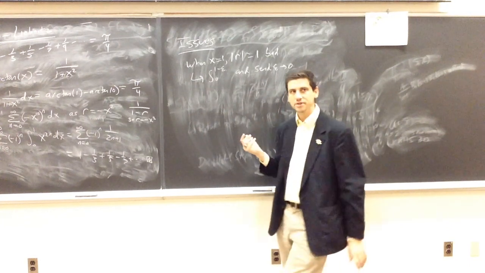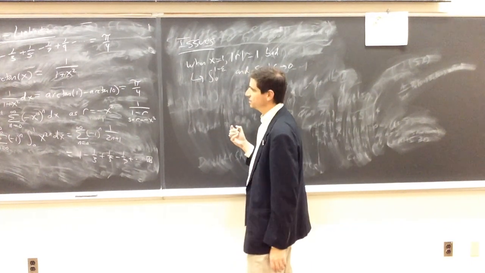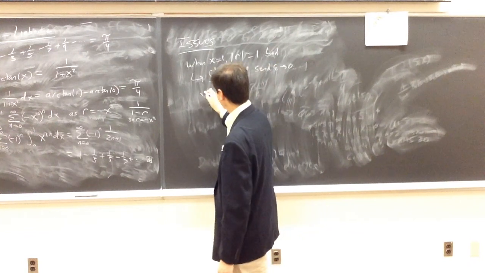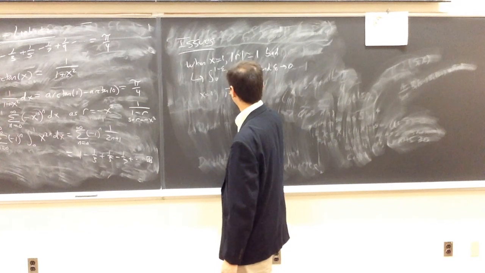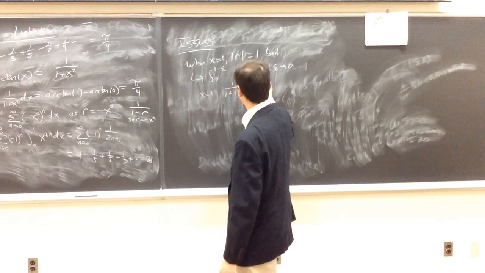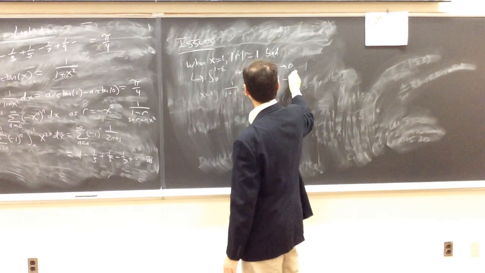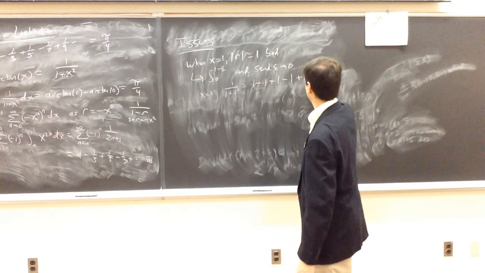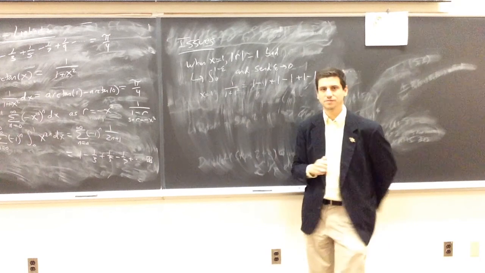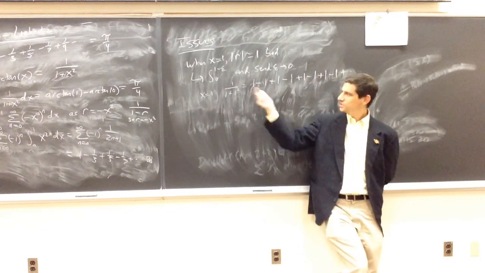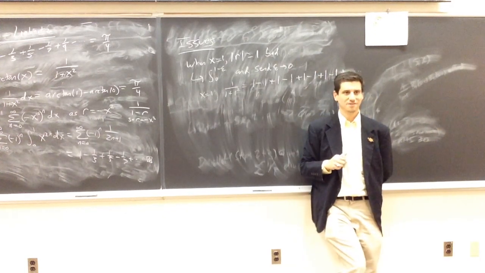Now, if you look at what happens if you actually take x equals 1, we have 1 over 1 plus 1 squared is 1 minus 1 plus 1 minus 1 plus 1 minus 1 plus 1 minus 1. What's the sum on the left? 1/2.